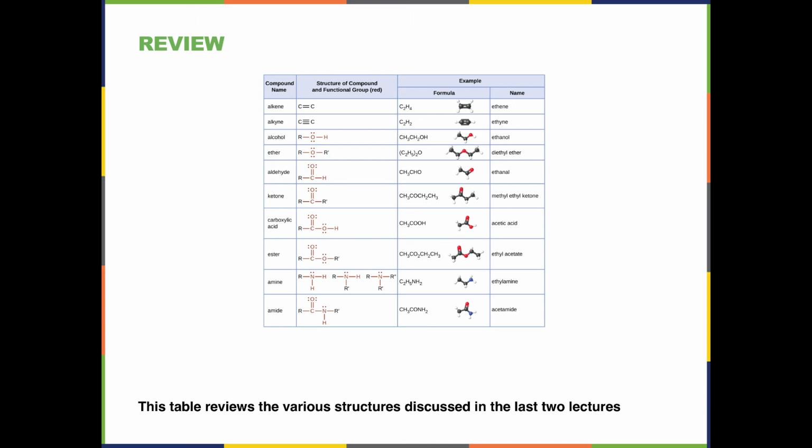A ketone has a carbonyl group in the middle. In this case, we have two methyl groups. This is not the usual name we use. This name is different. I'm not sure why they put that in there, but it has 4 carbons, so it would be butanone.